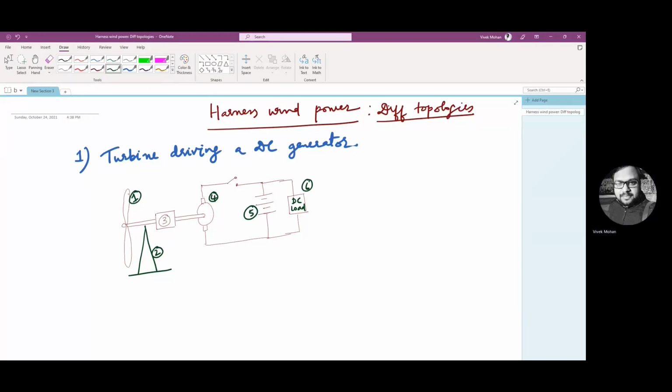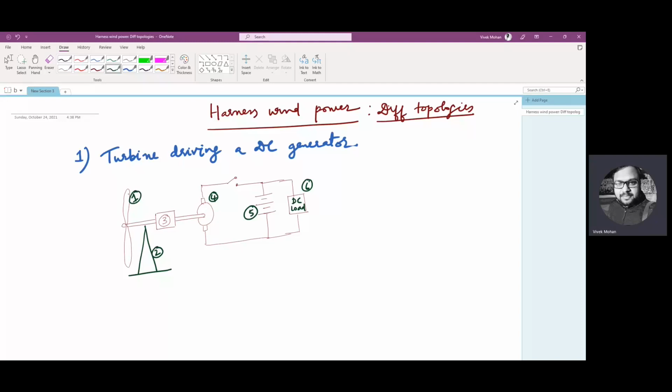So a simple windmill supported on a tall mast, that is what is shown. So number 2 is the tall mast, then that drives a DC generator, which is number 4.